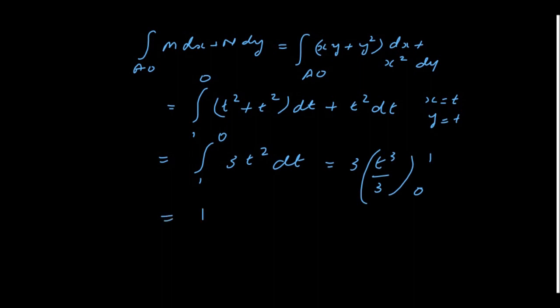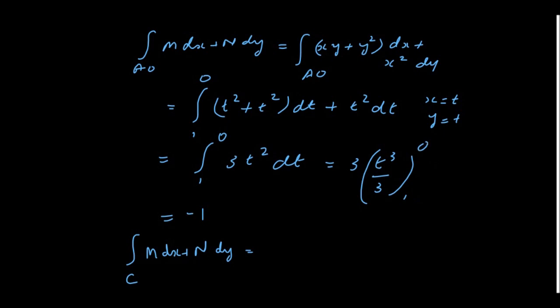Now to find the integral over C of m dx plus n dy, we have to add. This is not 0 to 1, excuse me, this goes from 1 to 0, so this will be minus 1.